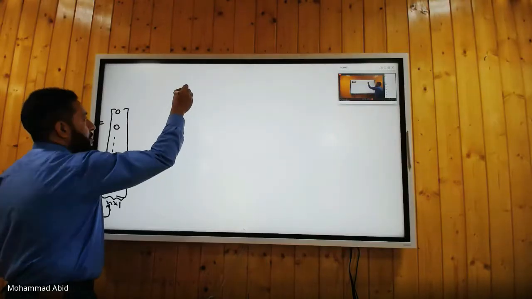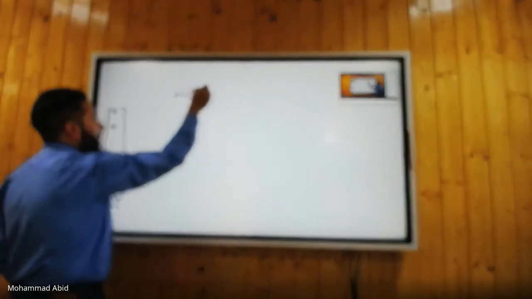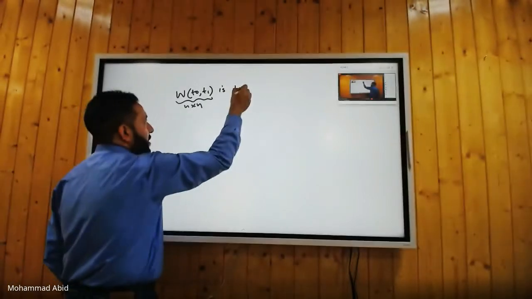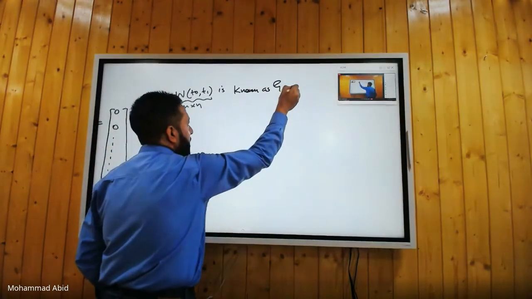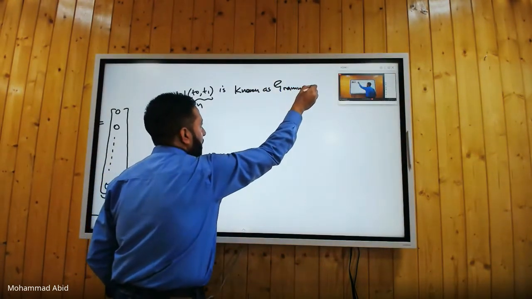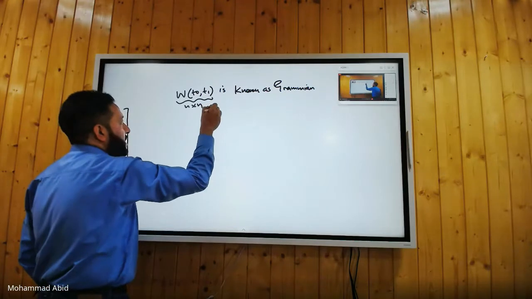This W(T0, T1), an n cross n matrix, is known as the Gramian of the given vector function.